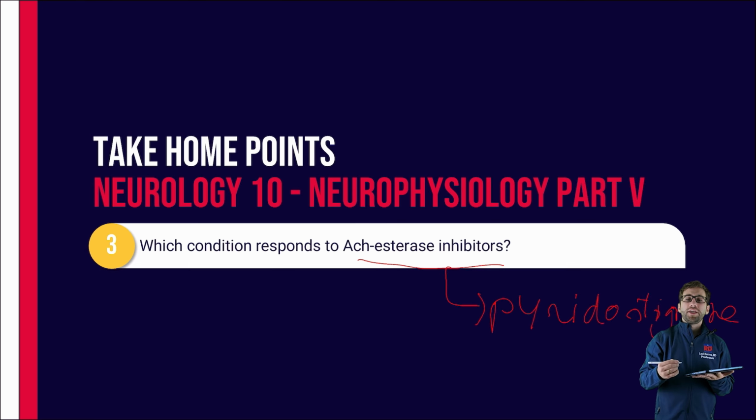Okay, these medications increase the amount of acetylcholine available at the neuromuscular junction, thereby improving muscle contraction and alleviating symptoms. Lambert-Eaton syndrome does not typically respond well to acetylcholinesterase inhibitors because its problem is related to calcium channels, not to acetylcholinesterase directly. So the answer for that is myasthenia gravis.